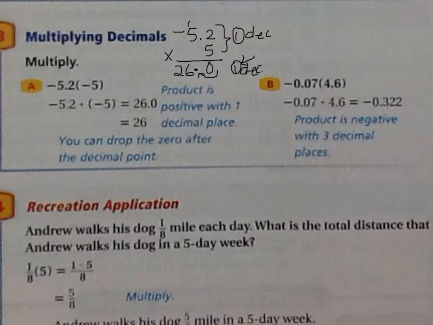So I would put your 4 6/10 on top, and then your negative 7/100 on bottom. I didn't line this up very well. I want that 7 right underneath my 6, just so it's kind of lined up like we're multiplying 46 times 7.